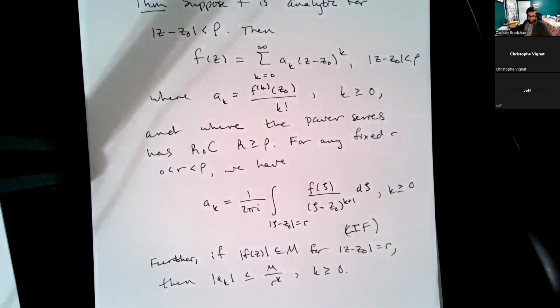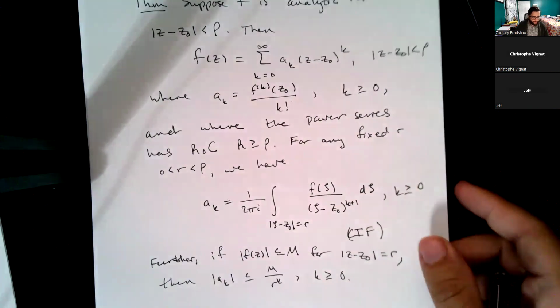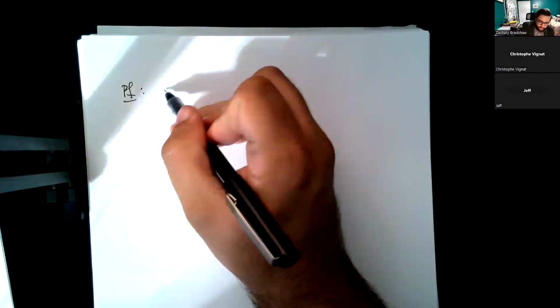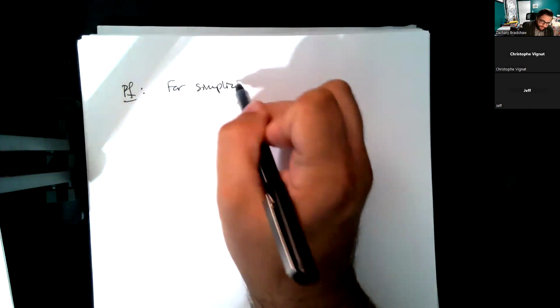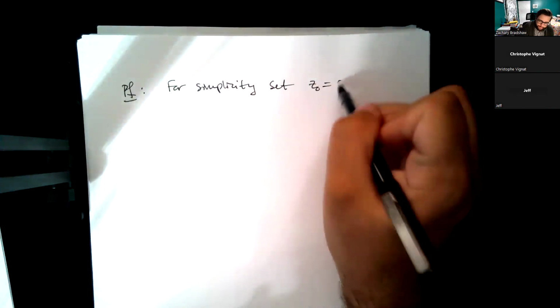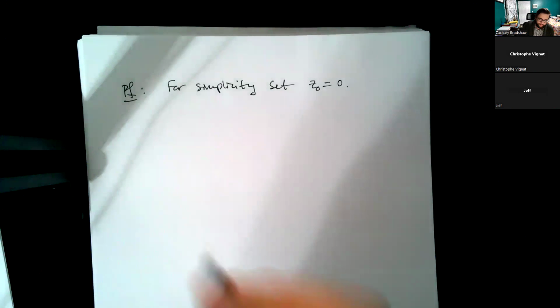Okay. So I'll prove the parts I haven't pointed out. For simplicity, let's just set z0 equal to 0. We can always do that with a substitution, so not a big deal.